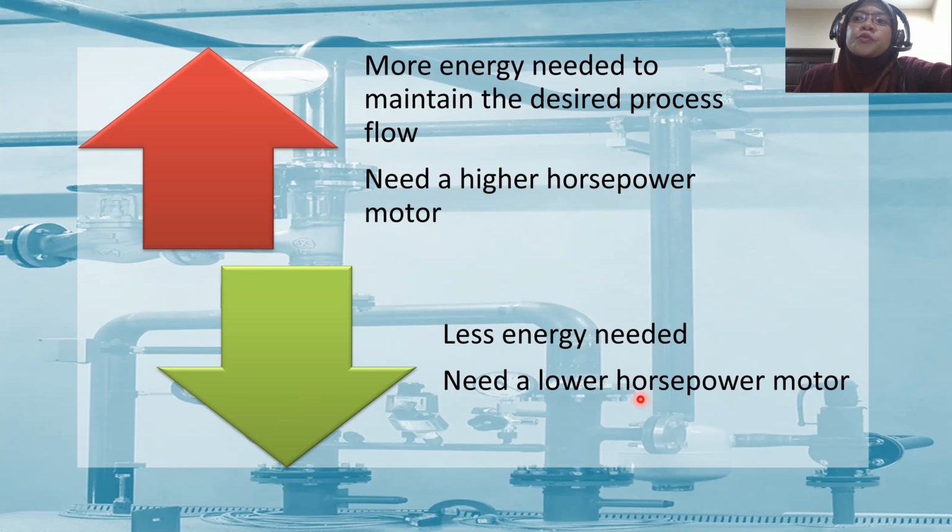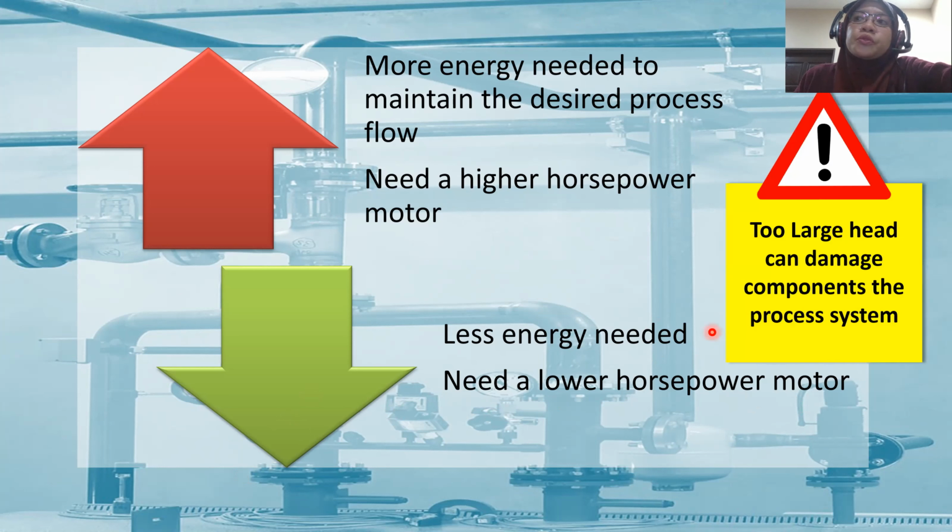Thus, a lower horsepower motor is required. It is important to note that if the piping system needs too large a head to overcome a large pressure drop, this can have a bad effect on components within the system.